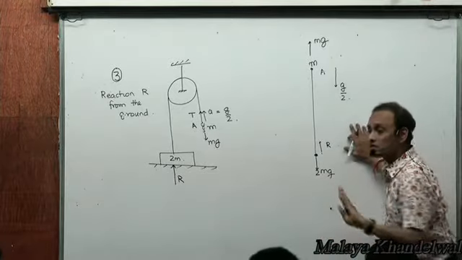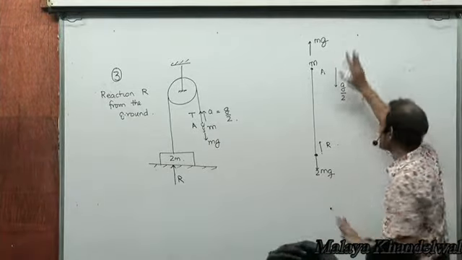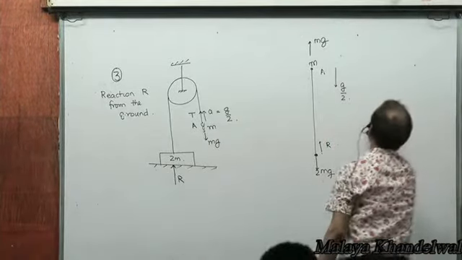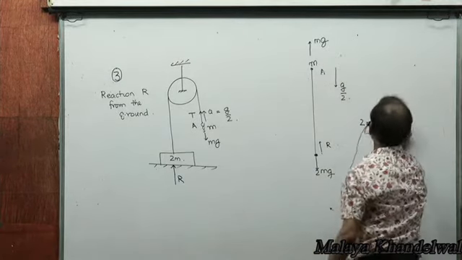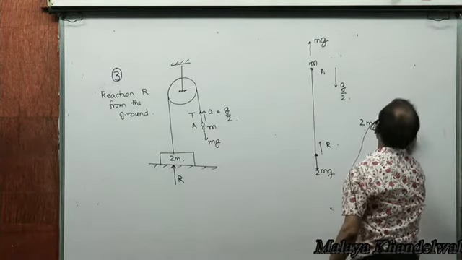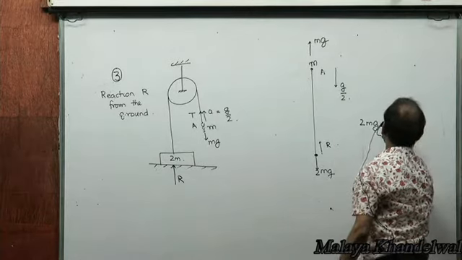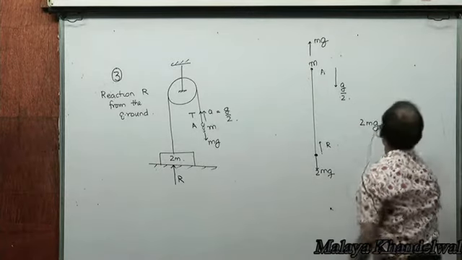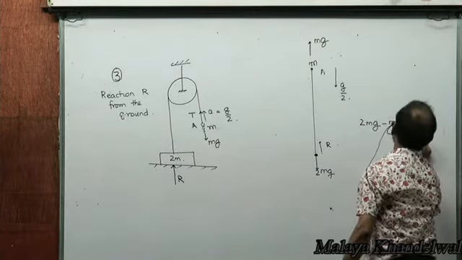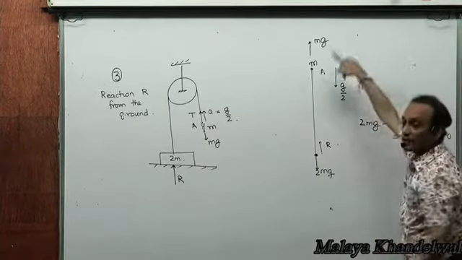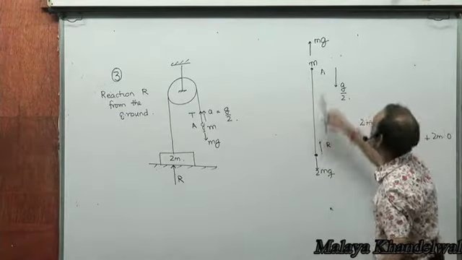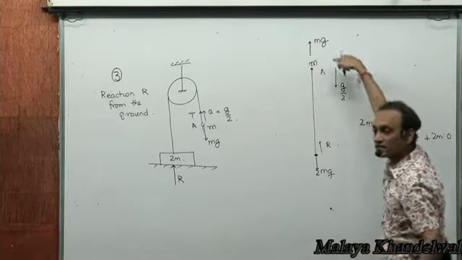So then, this is my new system with mg now like this. So what's the net downward force? The net downward force is 2mg minus mg minus r equals mass of this into acceleration of this, m into g by 2 plus 2m into 0. Newton's second law applied on this. Net downward force is 2mg minus r. Yes or no?